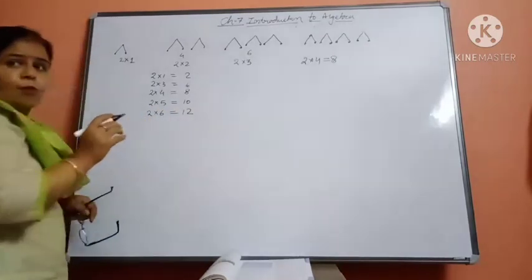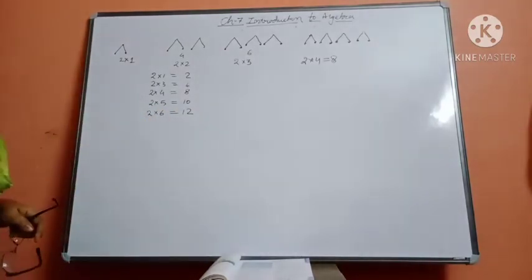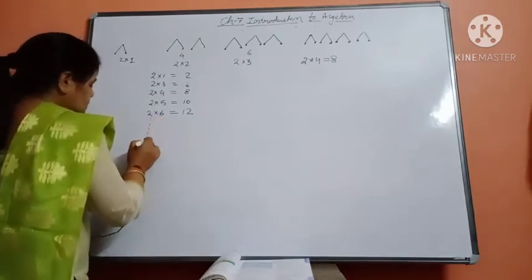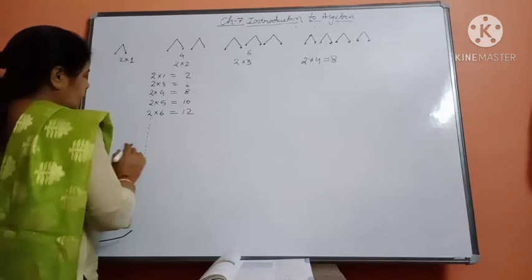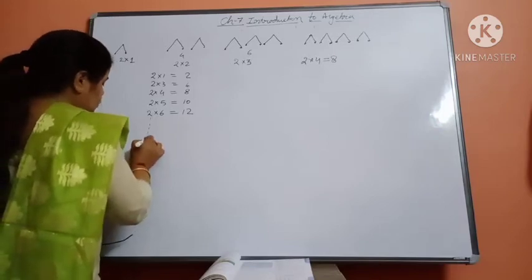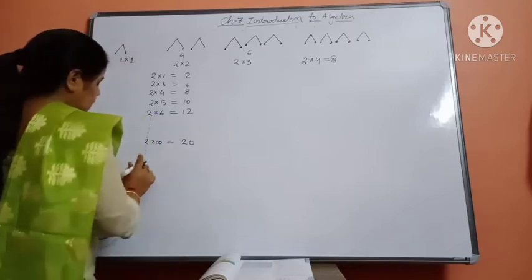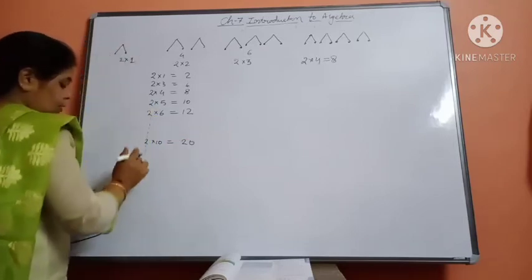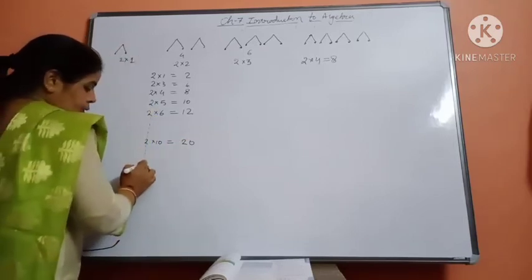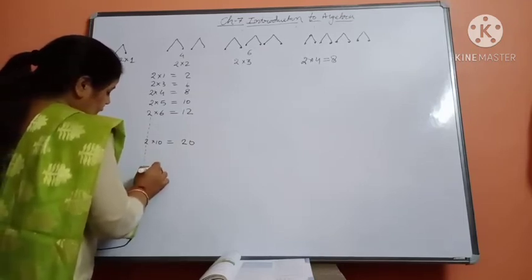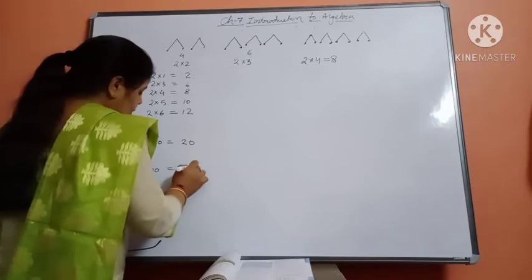In this way, if I would like to represent more, say 2 into 10, it will represent 20 matchsticks. For 2 into 100, it will represent 200 matchsticks.